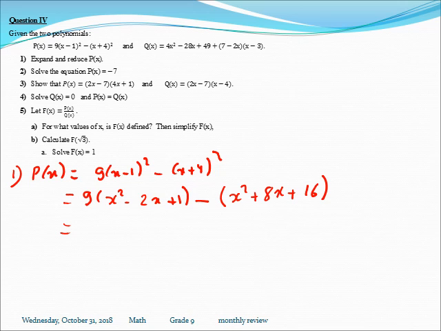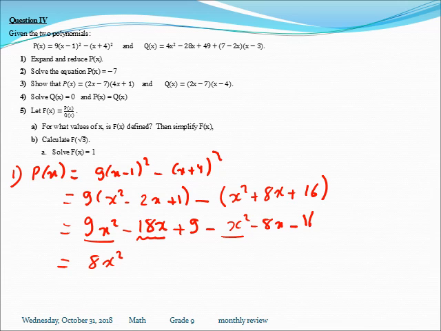Multiply 9 by the bracket: 9x squared minus 18x plus 9, minus x squared minus 8x minus 16. So it equals 9x squared minus x squared, 8x squared, minus 18x minus 8x, minus 26x, plus 9 minus 16, minus 7.